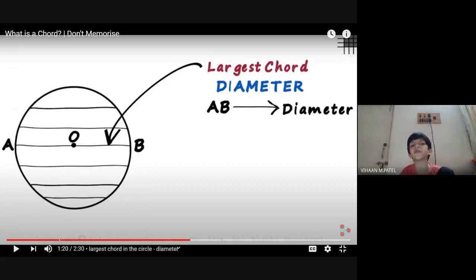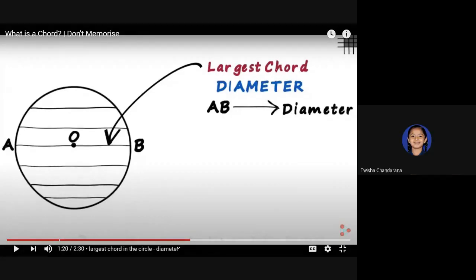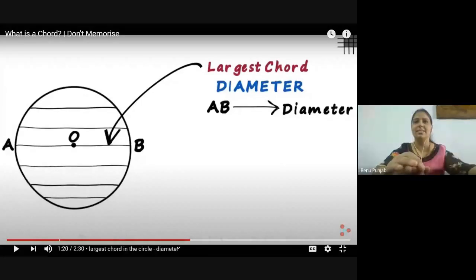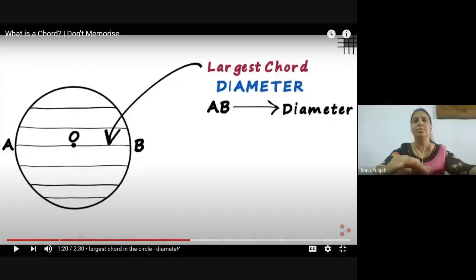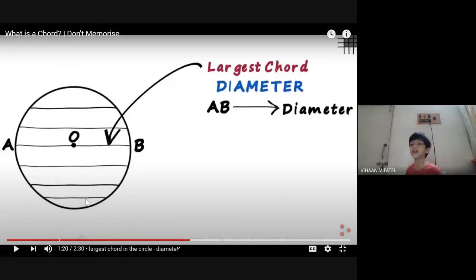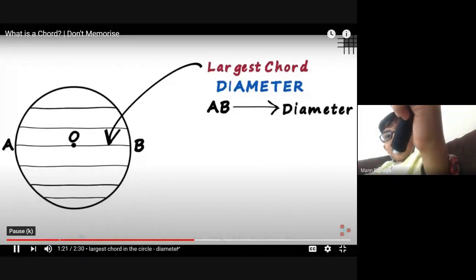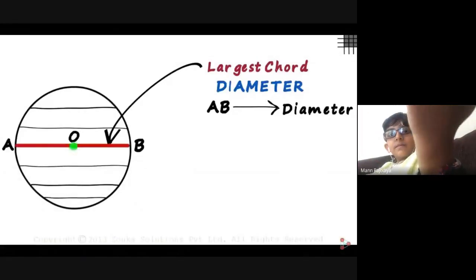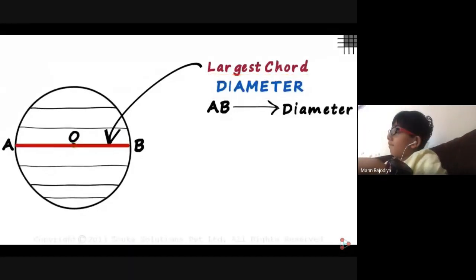Uncountable. Yes, uncountable can be a word. One more word is there for uncountable: unlimited, infinite. Have you heard about this? A circle can have infinite diameters. Remember, every chord that passes through the center is called a diameter. It may be placed like chord AB, or like this, or maybe like this.